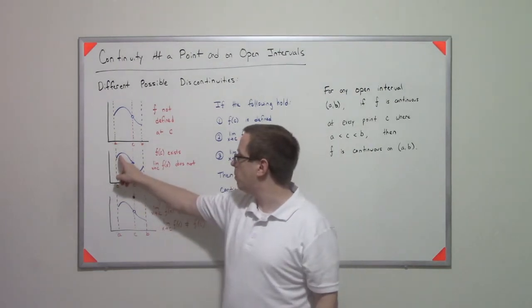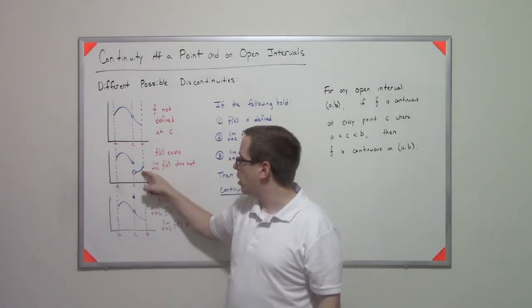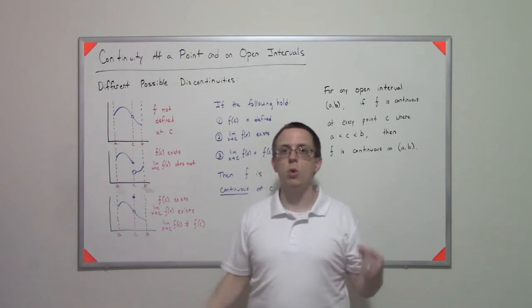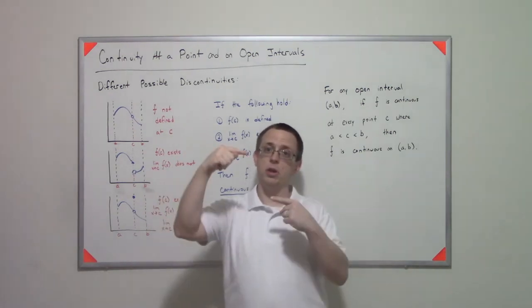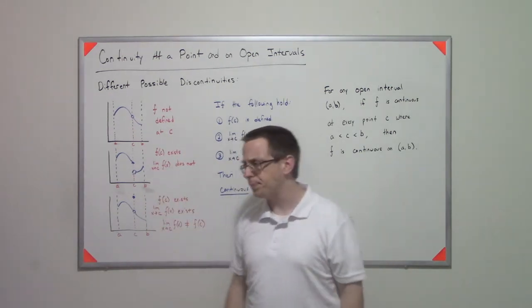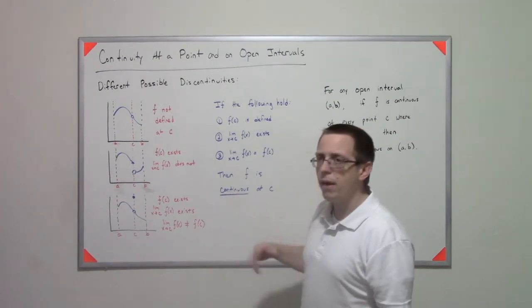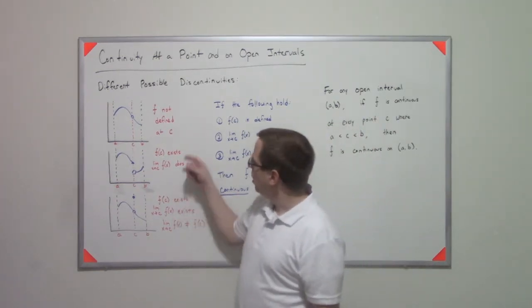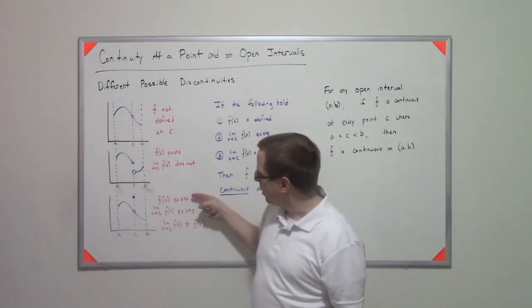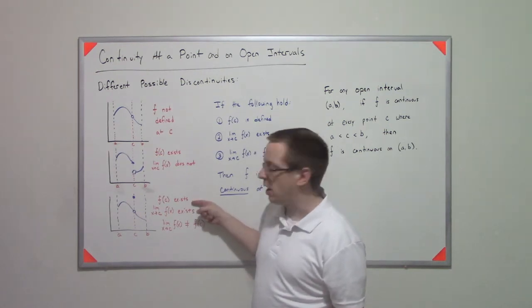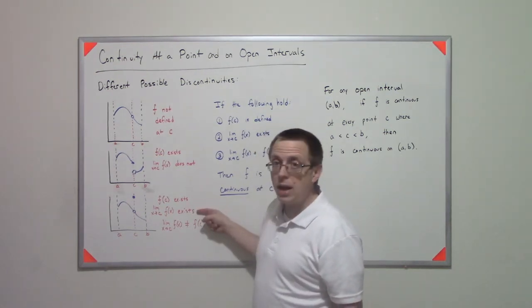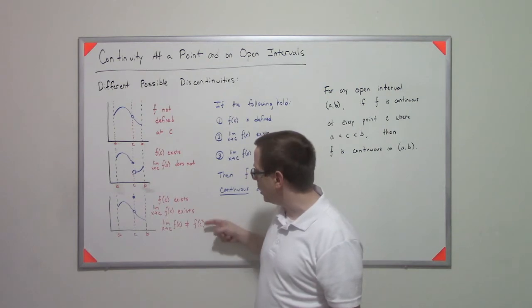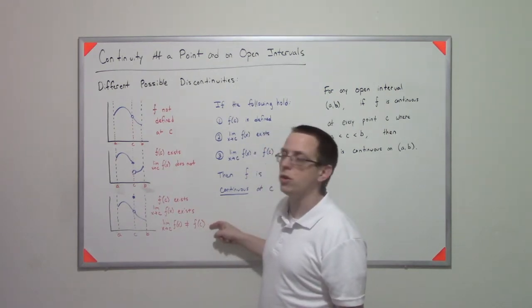Because as we come towards this point from either side, we come toward two different limits, so those don't agree. And finally, we have a third case where the function is defined at c, the limit actually does exist there, but the limit does not equal the function's value.